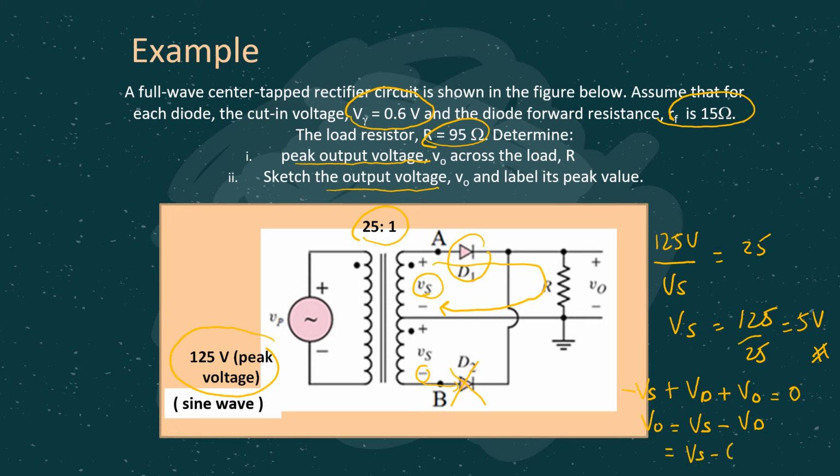Vd is actually V gamma plus Id Rf. So here we have two unknowns, where we don't know V naught and we don't know the value of Id, but don't forget V naught is actually equal to Id R, right? So if you rearrange this equation, you are supposed to get the Id value, then later you can get the V naught.